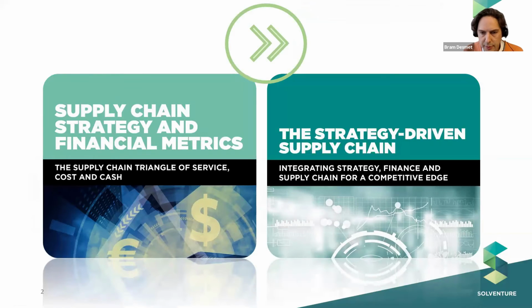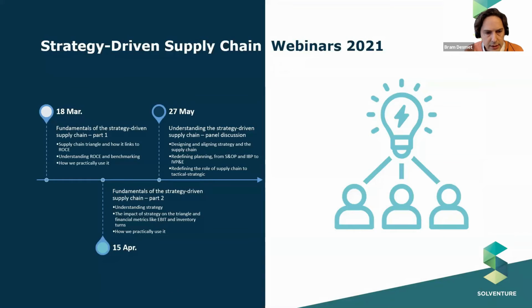Just as a small reminder, we have 3 webinars linked to the new book called the Strategy-Driven Supply Chain. That new book builds on the fundamentals of the first book, Supply Chain Strategy and Financial Metrics. And we had a first webinar in March where we reintroduced that supply chain triangle and how balancing the triangle is equal to optimizing value in the company, with value measured through the return on capital employed.